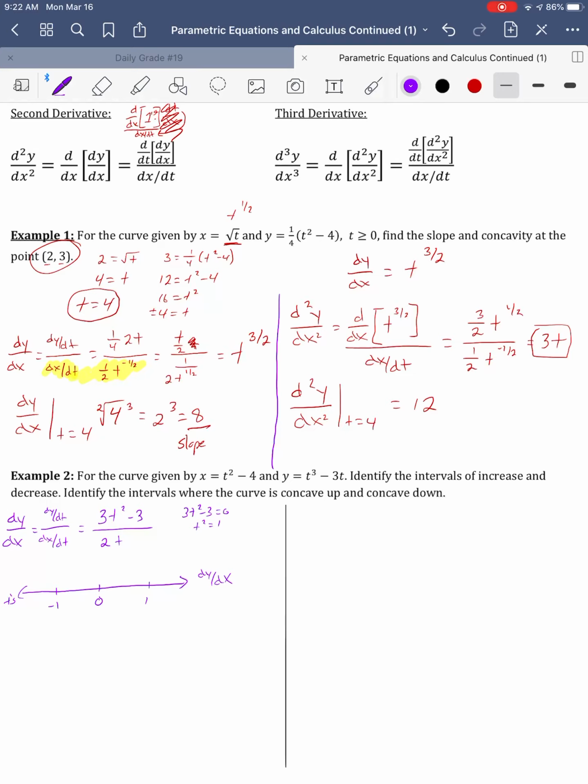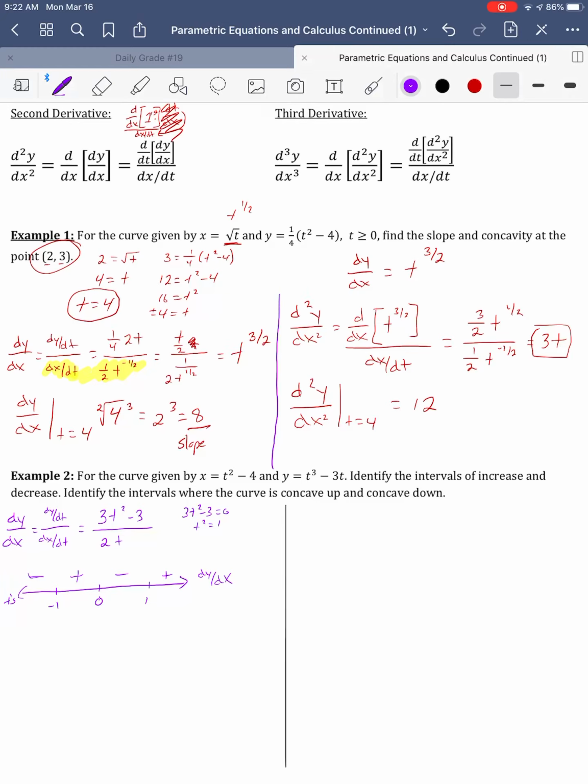Now I'm just going to plug in intermediate points. If I plug in 100, I get a positive. If I plug in 1/2, I get 3 times a fourth minus 3, which is negative, over a positive, which is negative. If I plug in negative a half, I get a negative over a negative, which is a positive. If I plug in negative 1,000, I get a negative. I'm going fast because there's a time limit on my uploading.